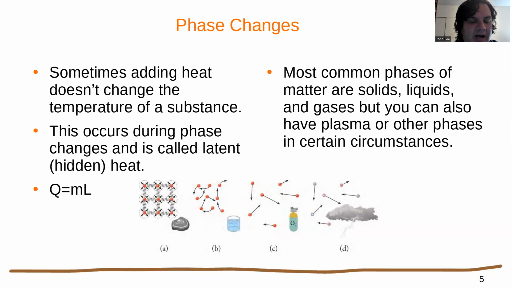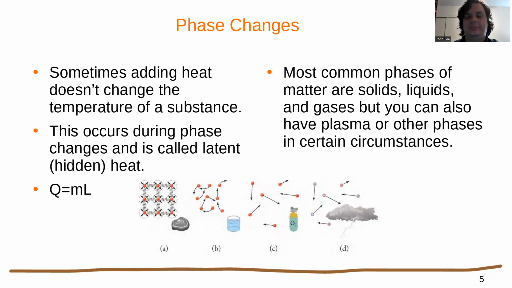And then the last common phase of matter that you're going to see in your everyday life is called gas, which is something where the electromagnetic forces that keep the atoms together are pretty much completely non-factors.